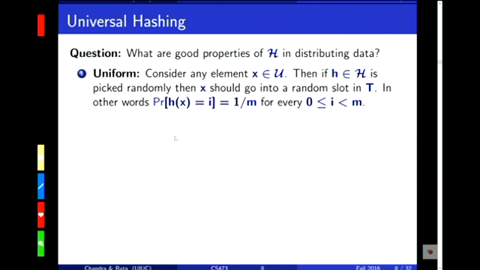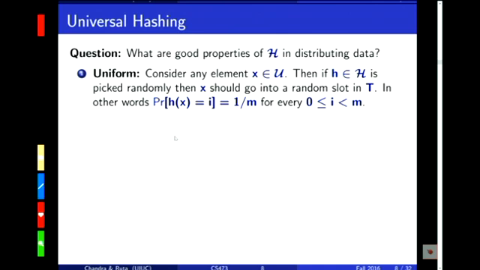So there is a function h0 which maps every element in the universe to the 0th position. h1 maps every element in the universe to the 1st position. h2 and so on. Okay? hj will map every element in the universe to the jth position. How many functions are there? So because there are m positions, 0 through m minus 1, there are m functions, right?